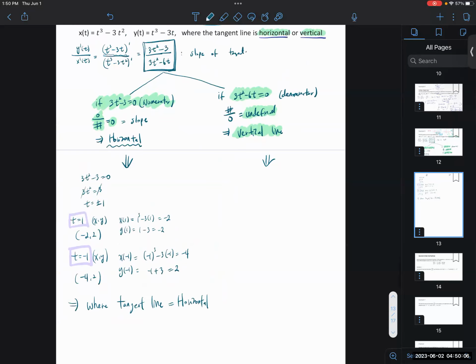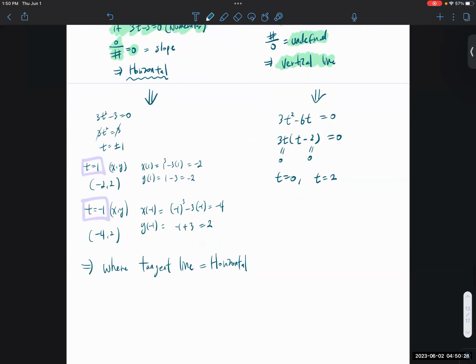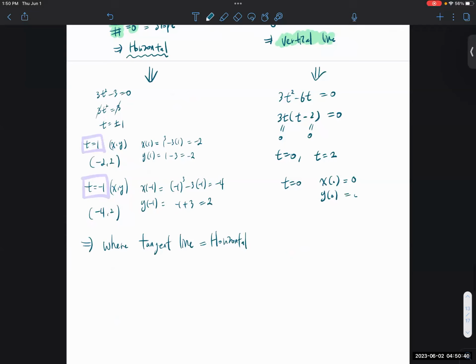Second one, 3t² - 6t equal to 0. I'm going to factor out 3t: 3t(t - 2) equal to 0. So 3t equals 0 or t - 2 equals 0. So t will be 0, and another one is t equal to 2. For t equal to 0, x of 0 is 0, and y of 0, plugging into this equation, is also 0.